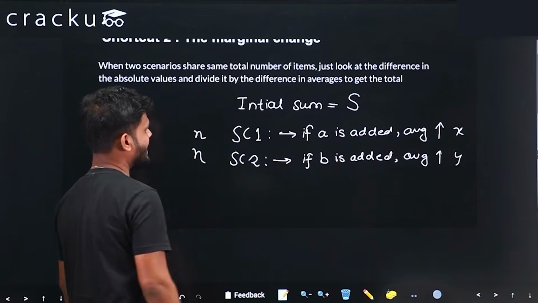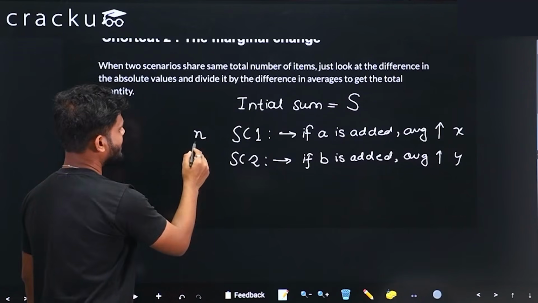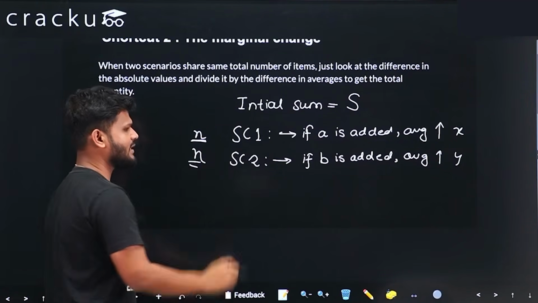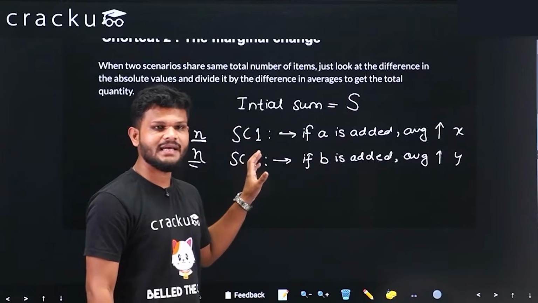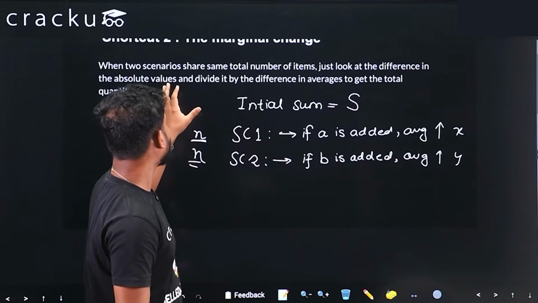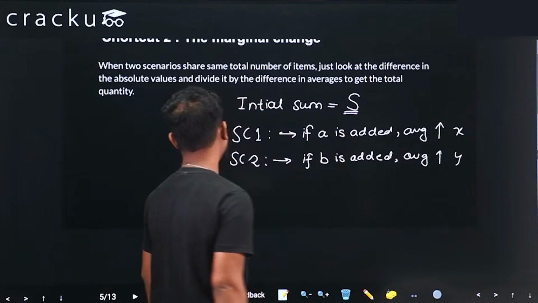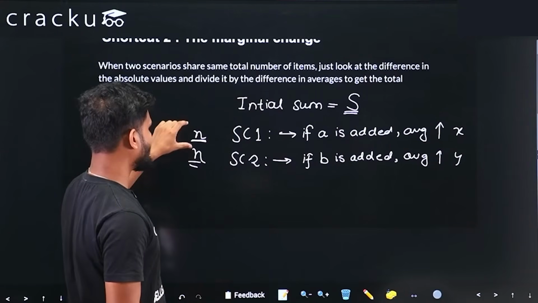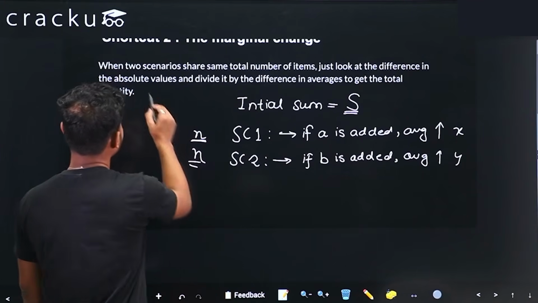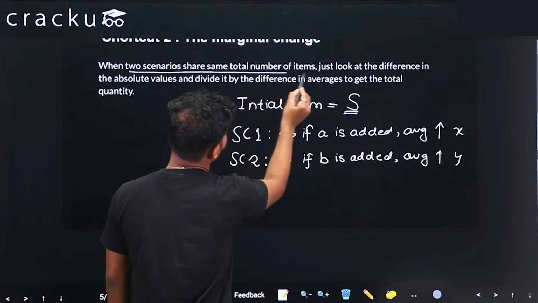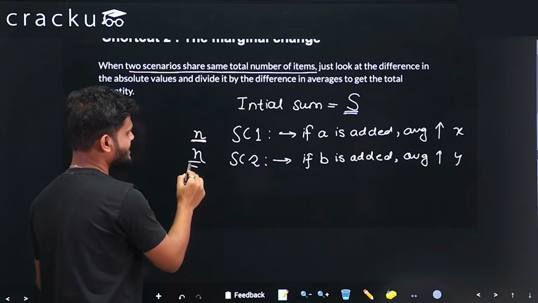Let's say N and N. So the total number of quantities remains N in both cases. So these are the assumptions for this shortcut. So let us say the initial sum was S and the total number of quantities in both cases remains the same. So it says when two scenarios share the same total number of items, the number of items is the same here.